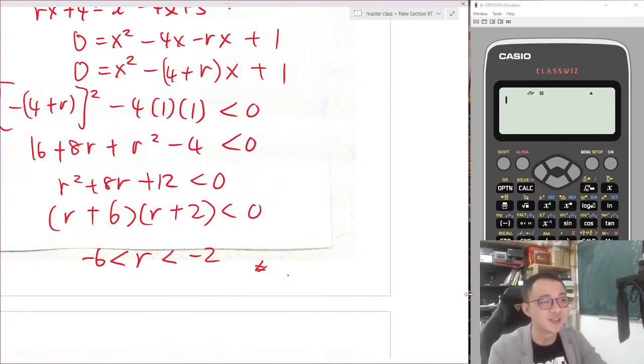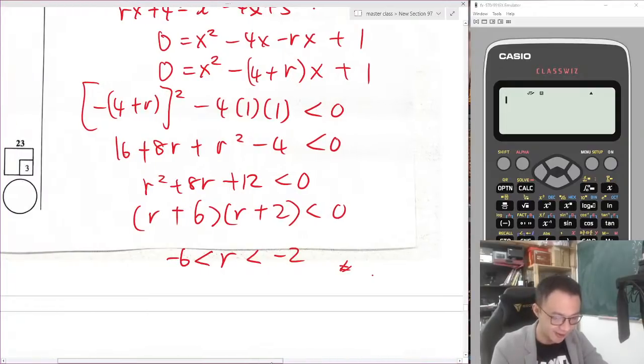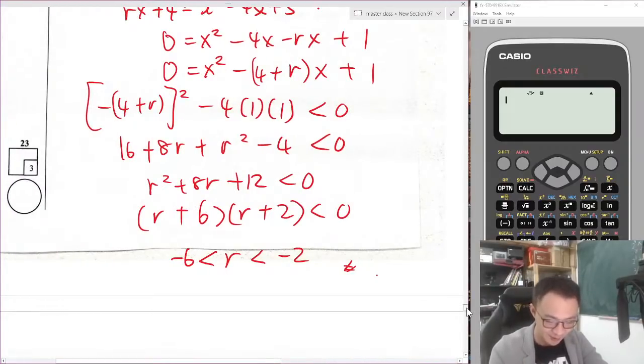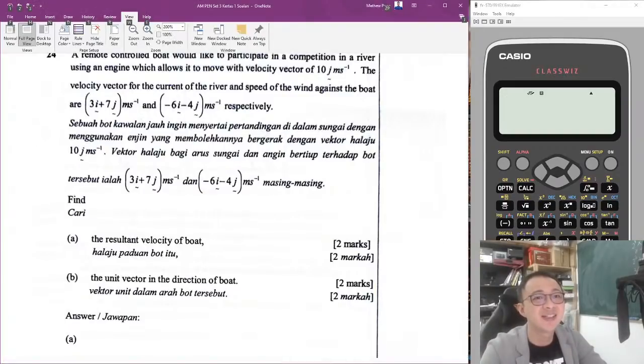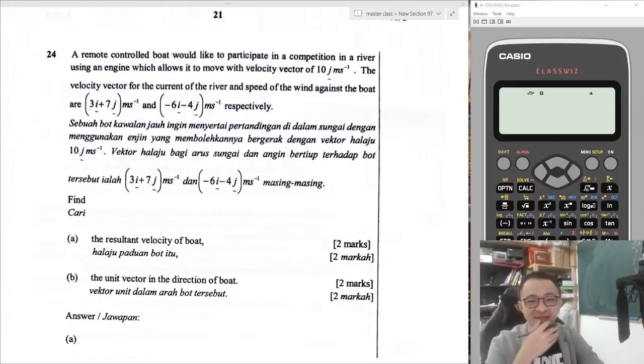Then question 23. Yeah, it's correct. Okay, let's move on to question 24. Alright, I would say for this question, they changed it a little bit here.